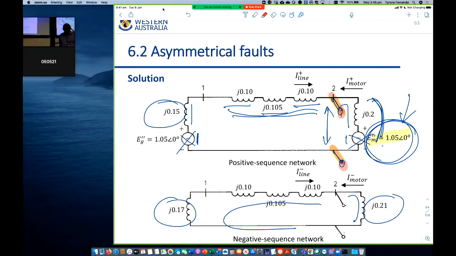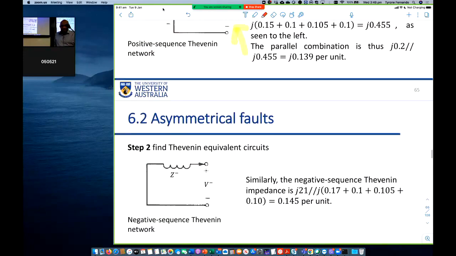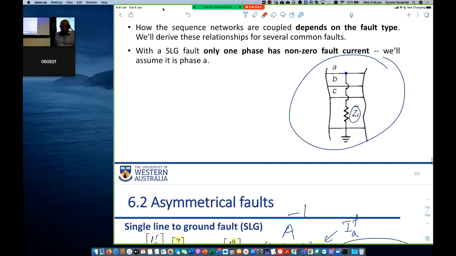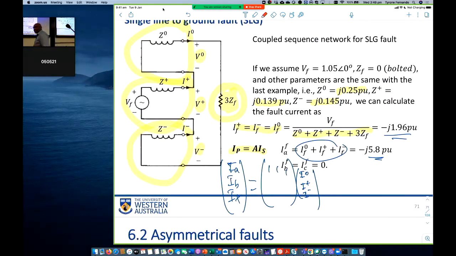Okay, so you need to know how to draw the sequence circuits. Once you draw the sequence circuits, you find the Thevenin equivalent circuit for each of those circuits, and then you connect them in a certain way depending on the type of fault. And in that circuit, you need to be able to identify where to find the positive sequence, zero sequence, and negative sequence voltages, and where to find the positive sequence, negative sequence, and zero sequence currents.